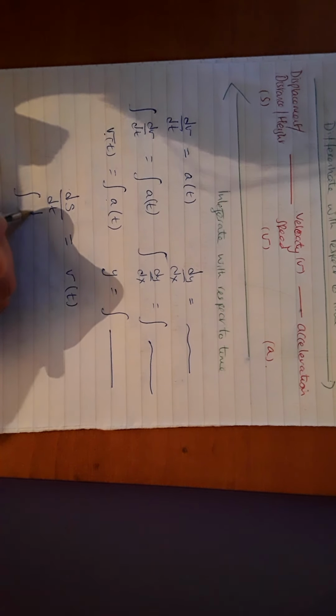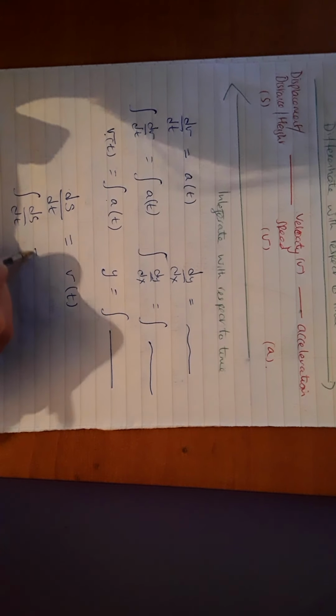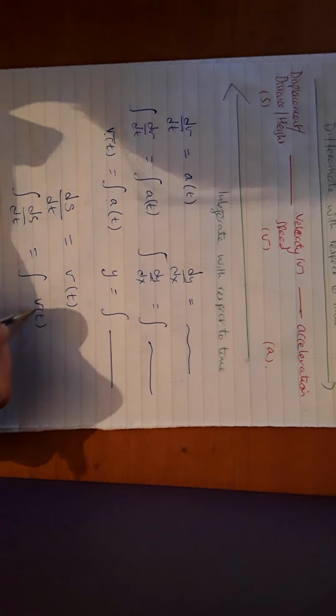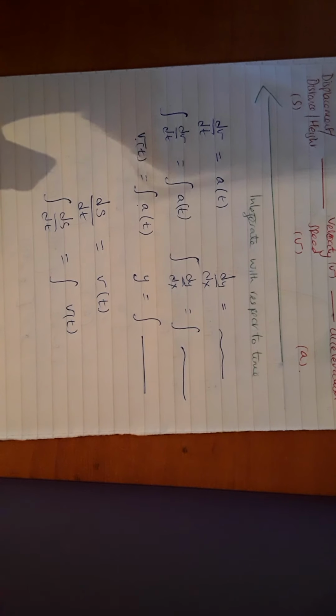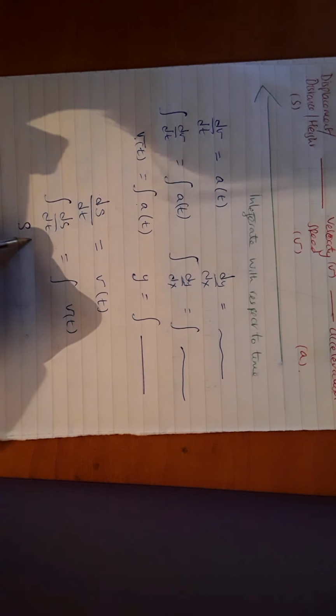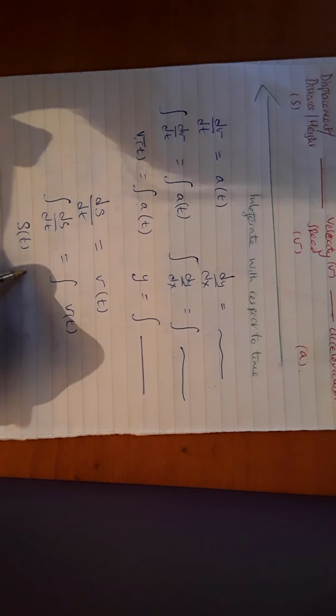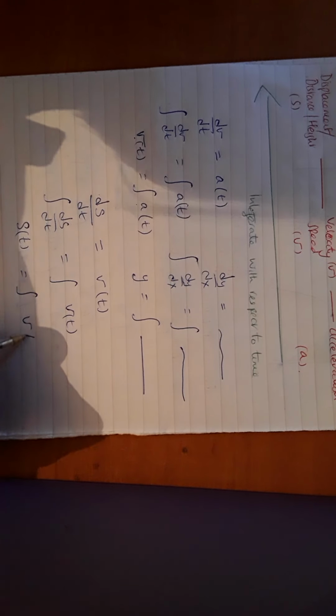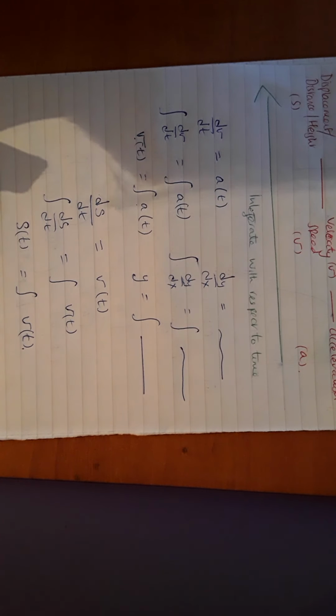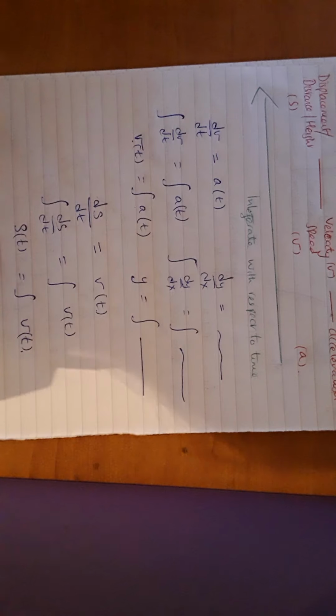If I integrate ds/dt, I integrate the right hand side to keep it balanced. When I integrate ds/dt, that's s(t), which is your distance or your height, and it's equal to the integral of v(t). So that's what we'll be basing our questions around when we're doing some examples.